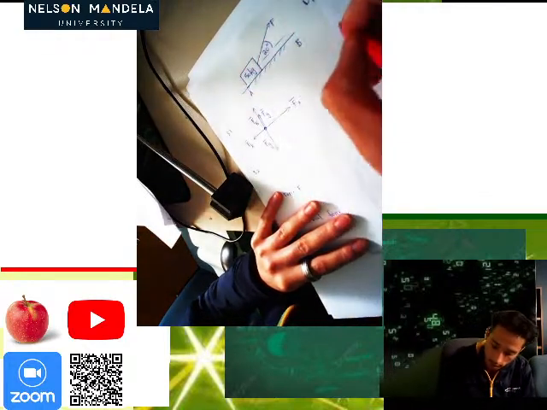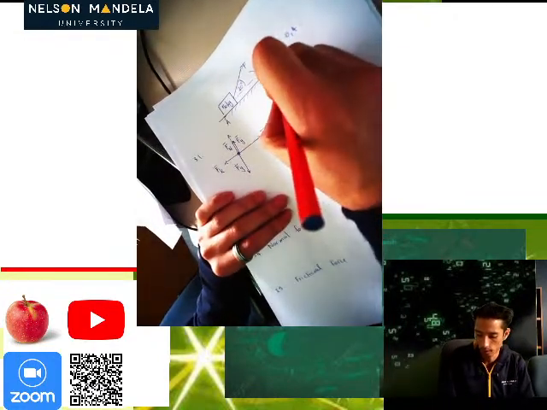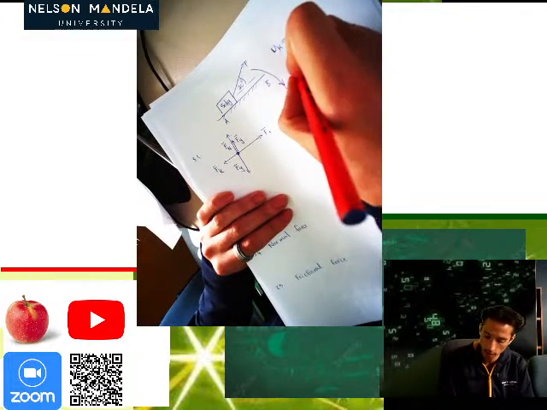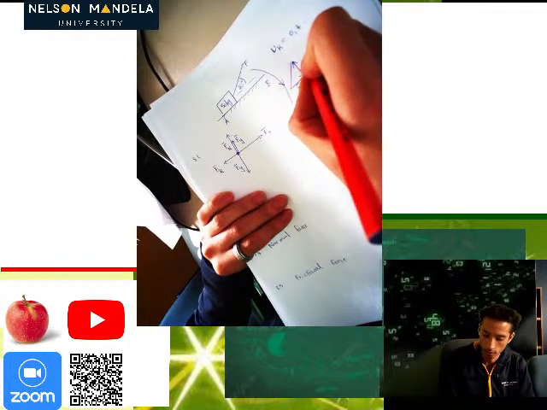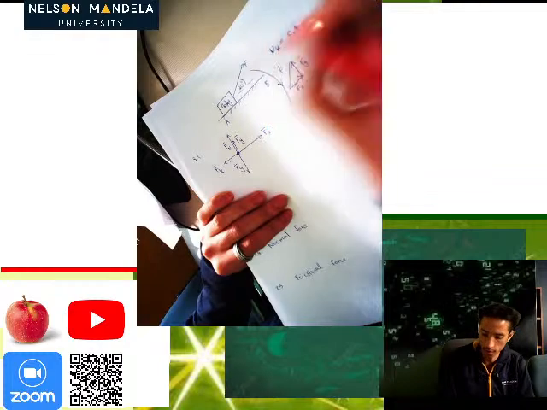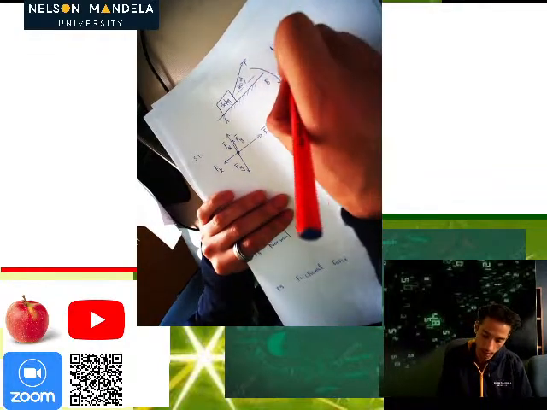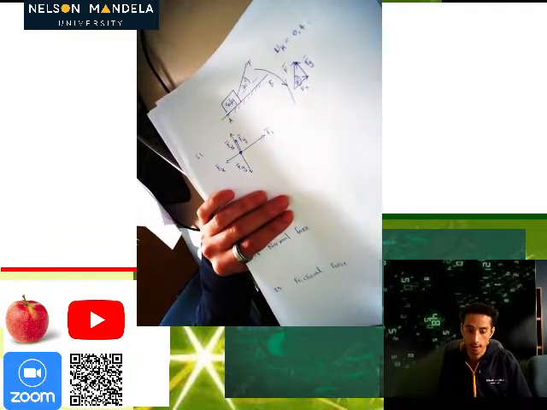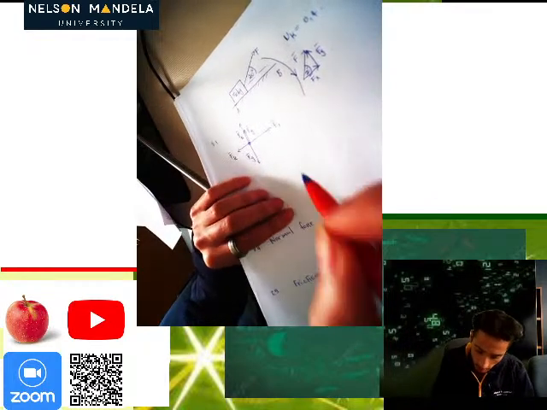Why? Because in this diagram, the force is split into components, F of x and F of y, and we've got a resultant occurring at an angle of 20 degrees. So that is one way to represent it.